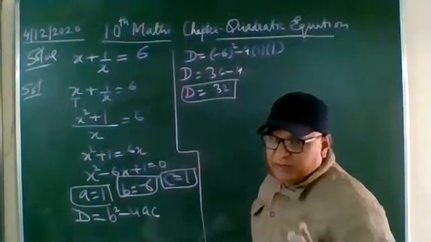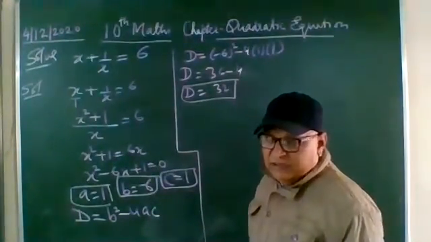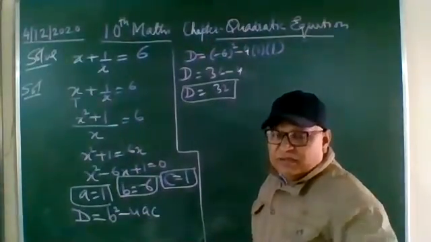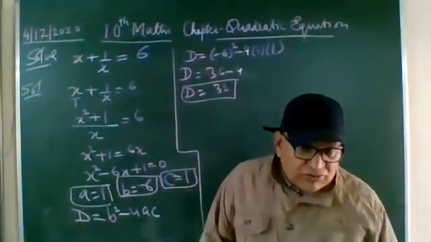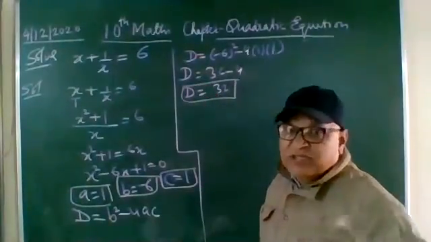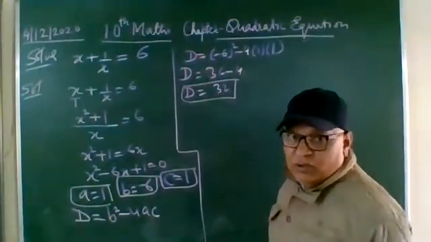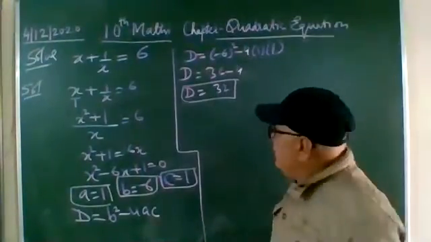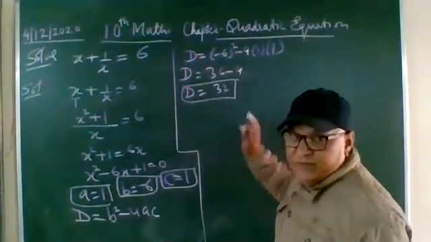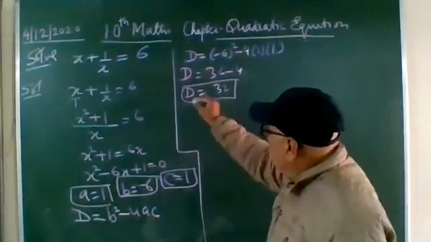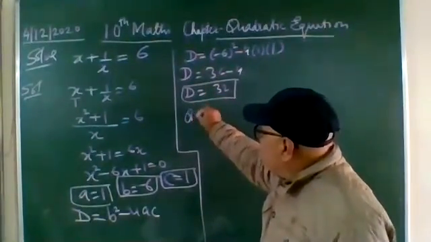So the splitting of the middle term is not used here. So I have used the quadratic formula to find the roots. So here I have calculated d. Suppose d comes less than 0. Then what will you say? The quadratic equation has no roots. Here d is 32. After d is 32, what will you do? Quadratic formula, right?